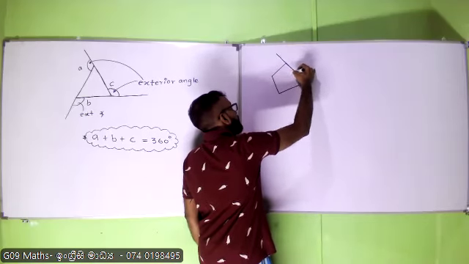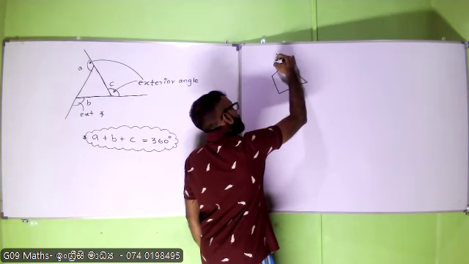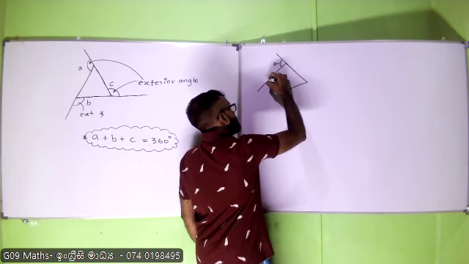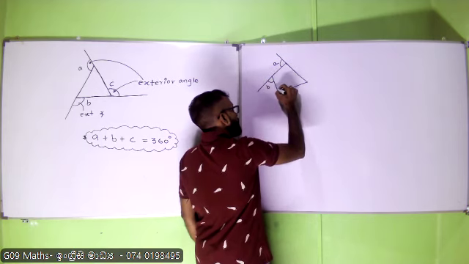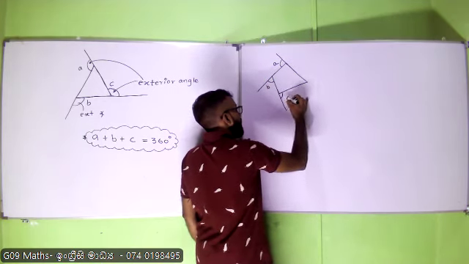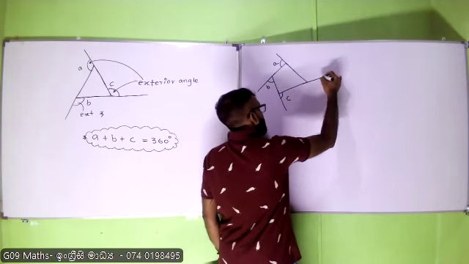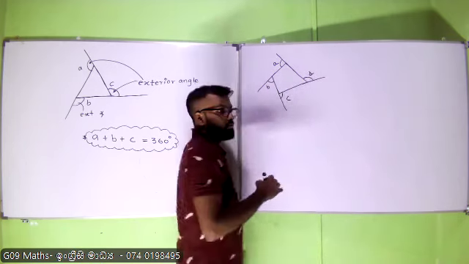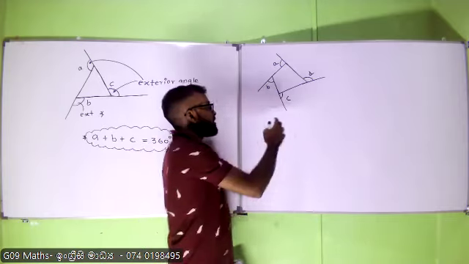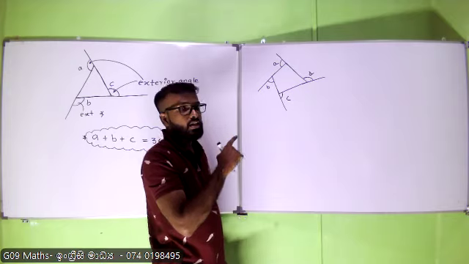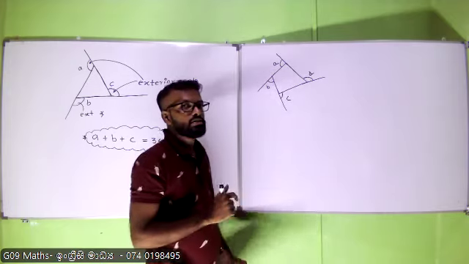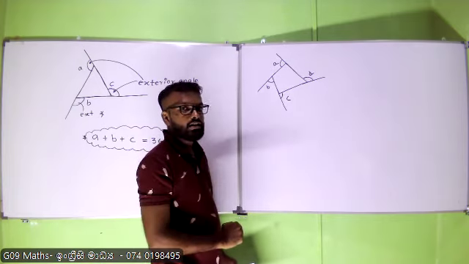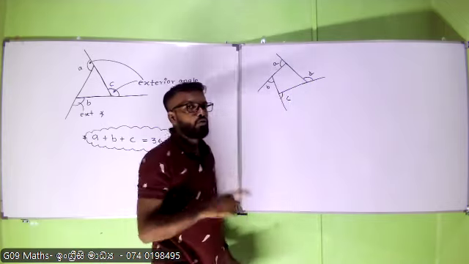I will produce this side so that this becomes an exterior angle A. I will extend this, this is B. I will extend this, this is C. And I will extend this side so that this angle becomes an exterior angle D. A, B, C, D, 4 exterior angles.